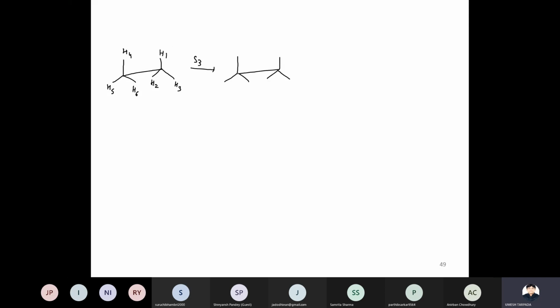First H1 comes to the position of H2 and H2 comes to the position of H3, in this way. And then you can write down the reflection about this plane.